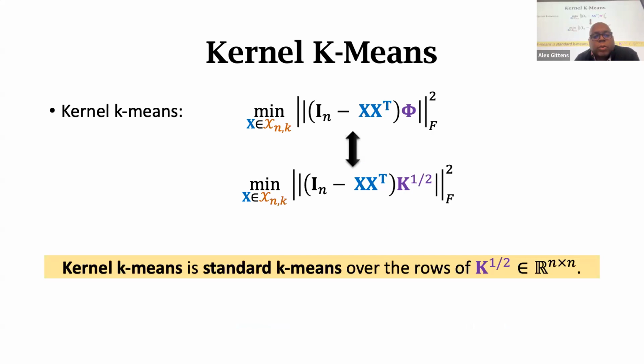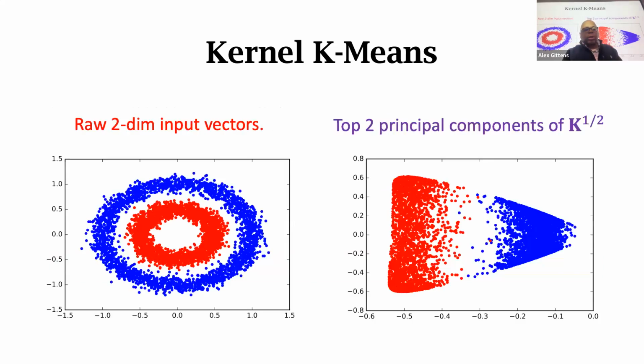So the key point here is that kernel k-means is going to be standard k-means over the rows of the square root of my kernel matrix. And again, we have this nice formulation as we're optimizing over some non-convex set of projections. So here's an example. So you see they're more separable with k-means here.